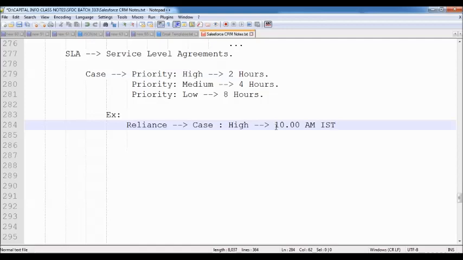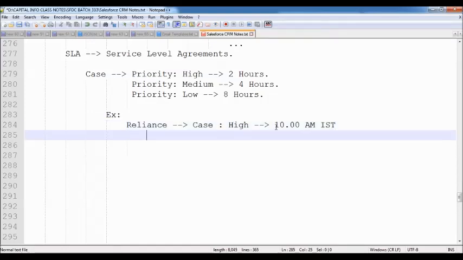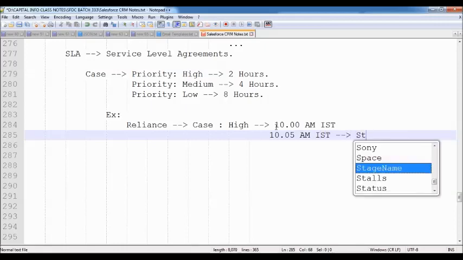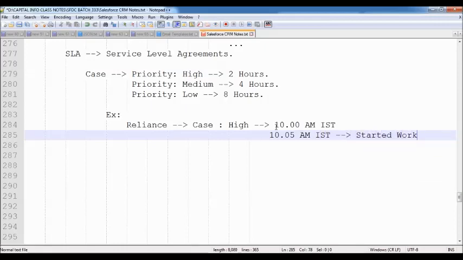Immediately, at 10:05 a.m. IST, one of the service persons has started working on the problem.